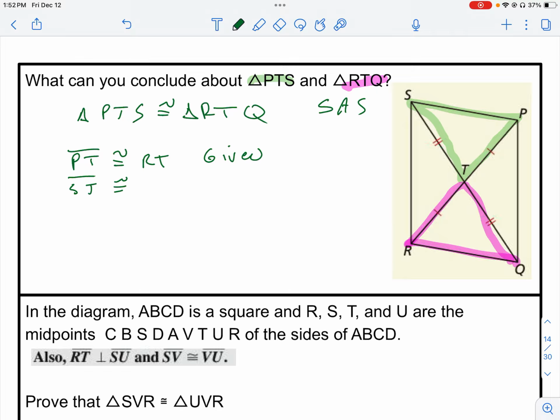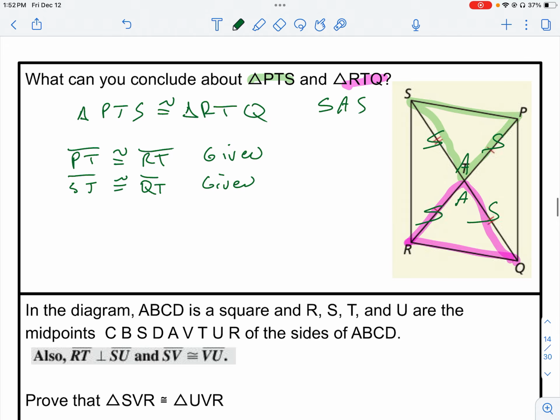ST is congruent to QT, also given. So it gives us side and side. So this is the angle we need. Angle PTS we know is congruent to angle RTQ. Why?